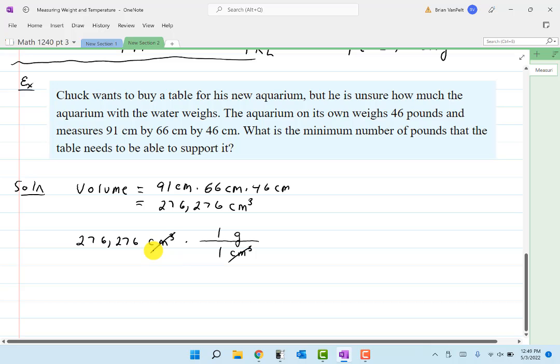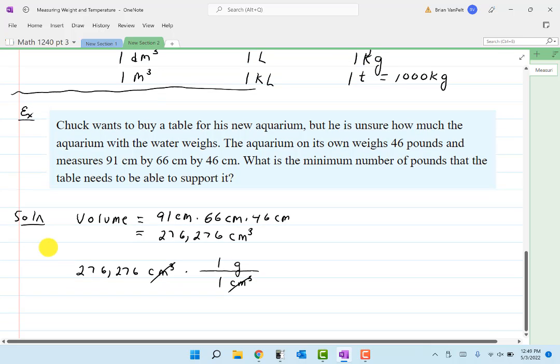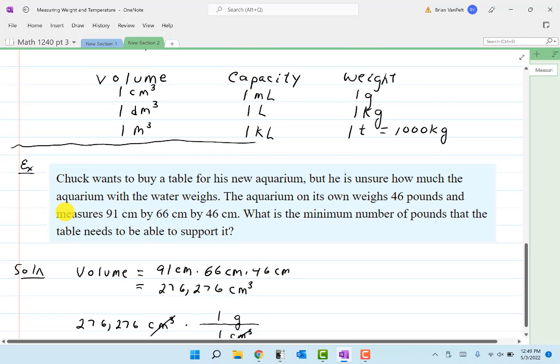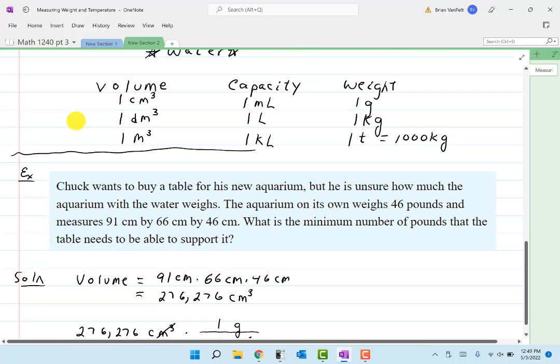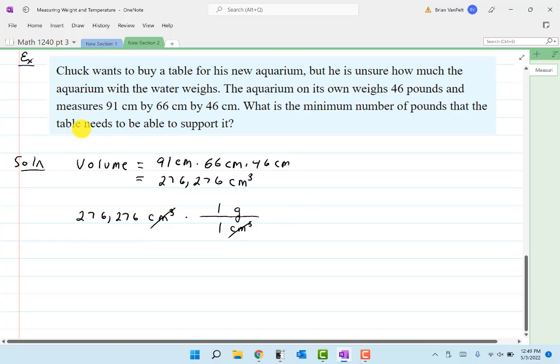Now I'm in grams. Now what I really need to do is get into kilograms so that I can then go to pounds. I know that 1,000 grams equals 1 kilogram. So I can wipe out the grams.